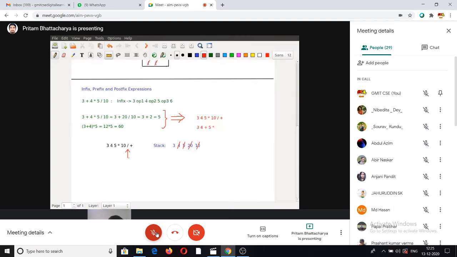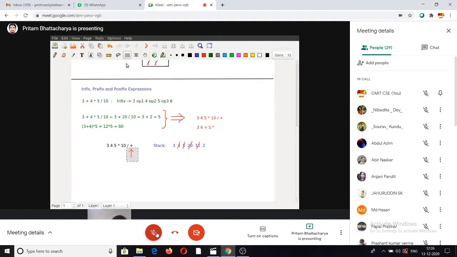You apply your operator, division, on these two values, that is you do 20 by 10, and the new result that you get, that is 2, you push back onto the stack. So before this operation, the stack had 3, 20 and 10. Now after processing, the stack has 3 and 2.